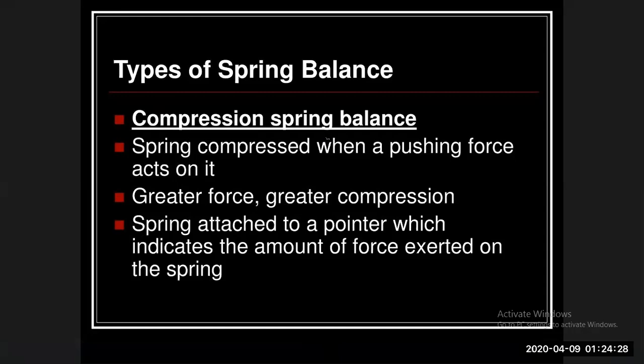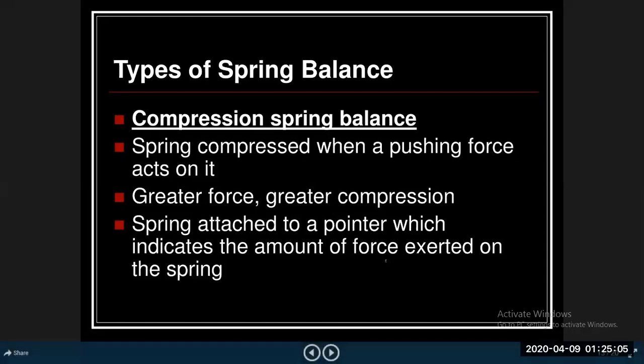In a weighing machine there is a spring, and when we put an object, its weight presses that spring downwards. The more the pressing, the more the weight in the reading. So a spring is compressed when a pushing force acts on it. In the previous case, a pulling force was applied. The greater the force, the greater the compression, and a spring attached to the pointer indicates the amount of force exerted on the spring.